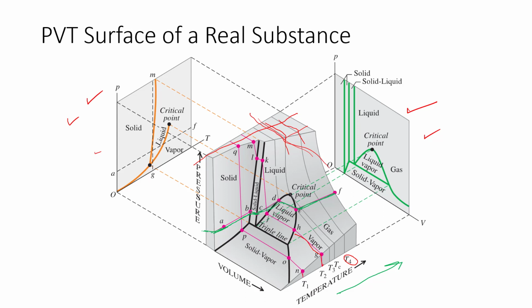Then at point D, as we increase the temperature, the liquid undergoes phase transition. It will be partially transformed to vapor, and there would also be liquid.